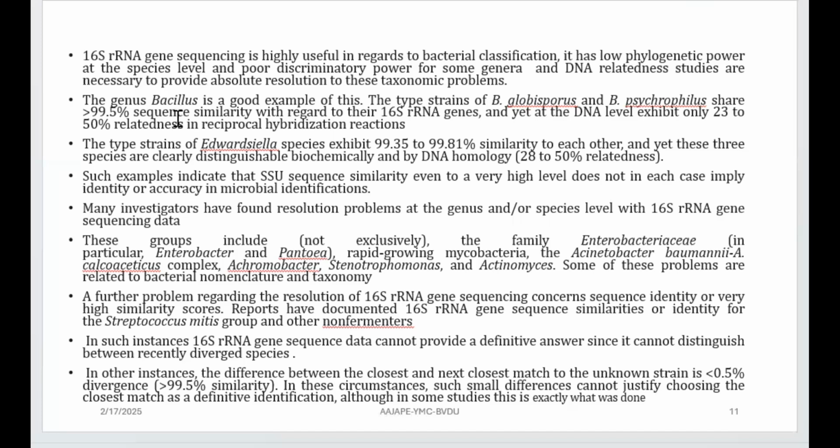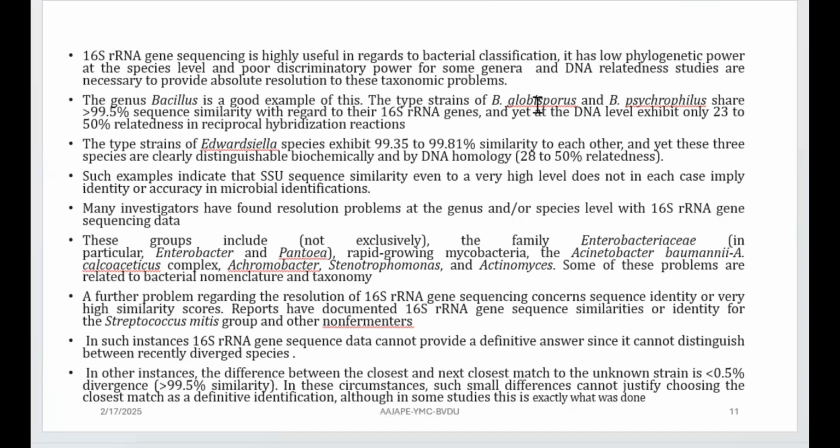Are you getting the question? The concern is 16S rRNA is showing more than 99.5% similarity, but when DNA hybridization studies are done, the same isolates are showing very little relatedness, as little as 23 to 50%. Right? Then the question is what data is to be used for taxonomic positioning of these organisms?